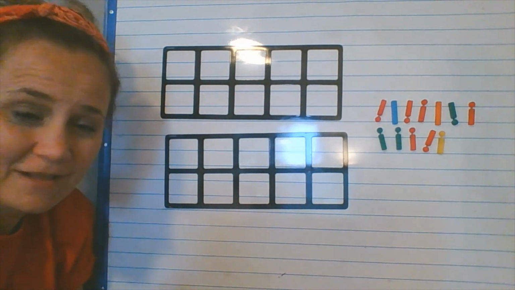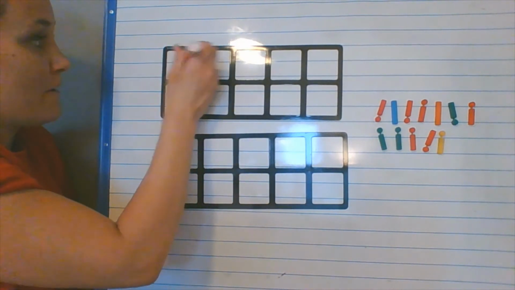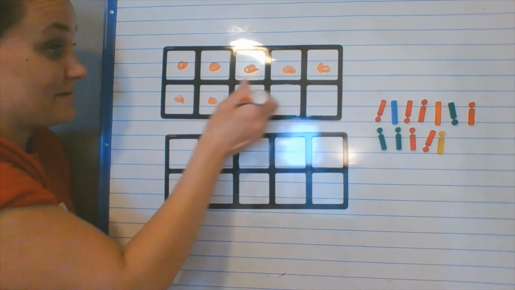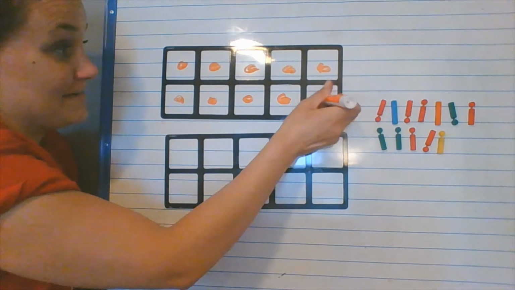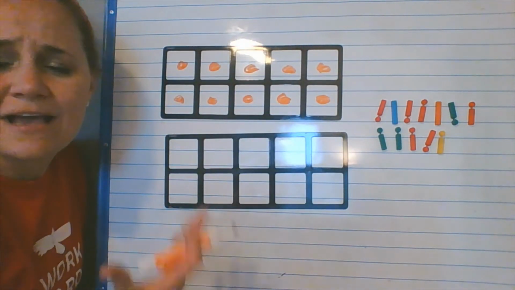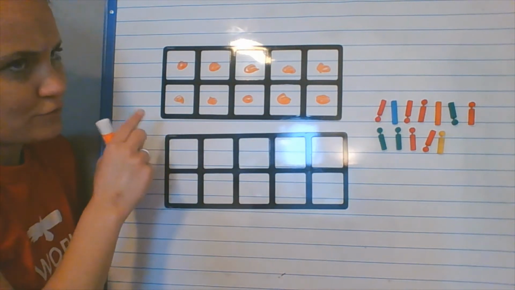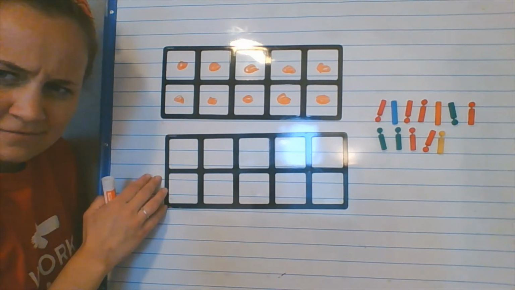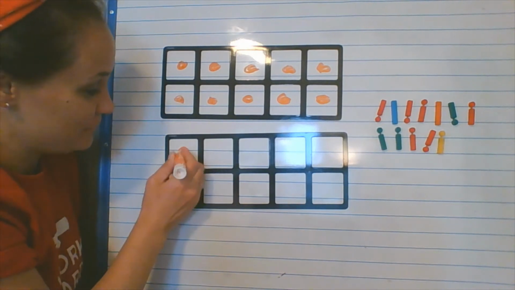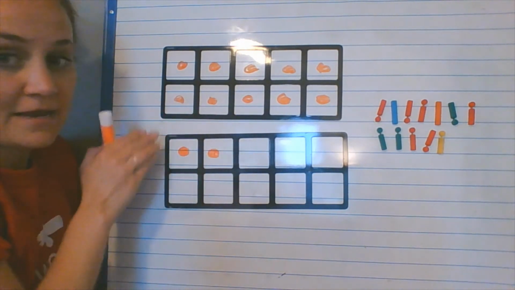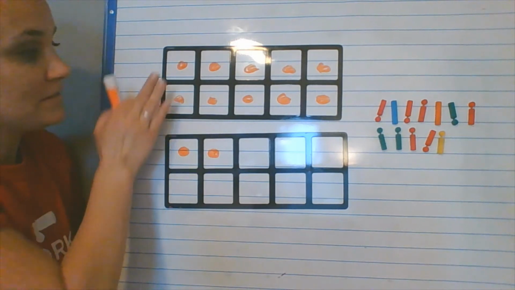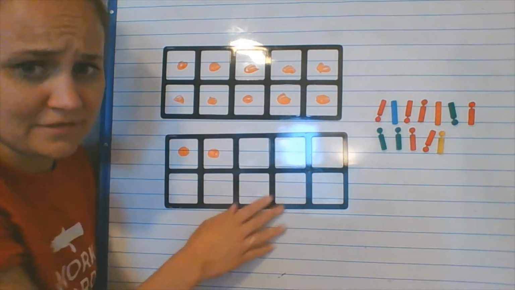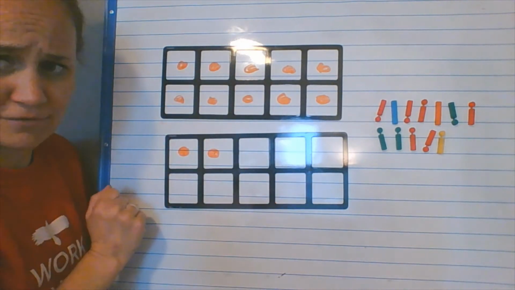That means we can fill up a whole 10 frame. 1, 2, 3, 4, 5, 6, 7, 8, 9, 10. Because 12 has 1 10. So 12 is 1 10 and how many ones? That's right, 2. 10 and 2 make 12. It's a lot easier to count these numbers over here than that.